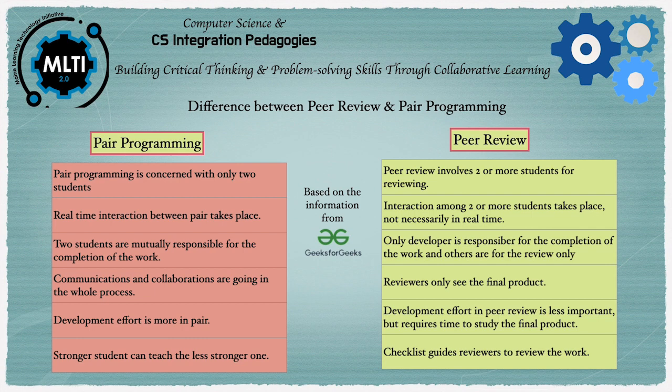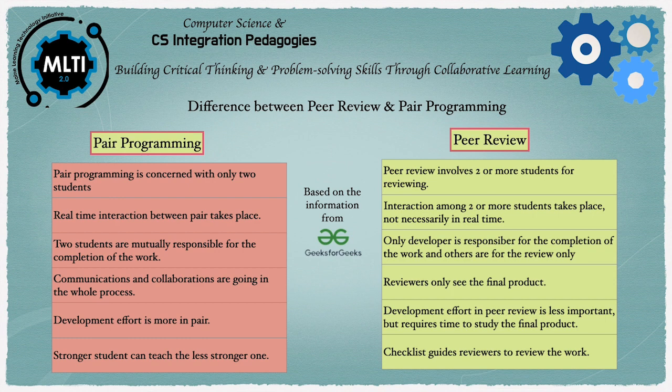According to the information from Geeks to Geeks blog, pair programming is concerned with only 2 students, while in peer review, it involves 2 or more students for reviewing. In pair programming, real-time interaction between pairs takes place, while in peer review, interaction among 2 or more students takes place, but not necessarily in real time.